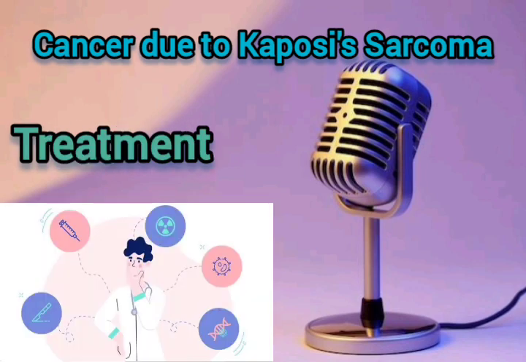Treatment options for localized classic and endemic Kaposi sarcoma. Radiation therapy for solitary lesions or lesions of limited extent. A modest dose of radiation is applied with a limited margin, giving excellent control of disease in the treated area.